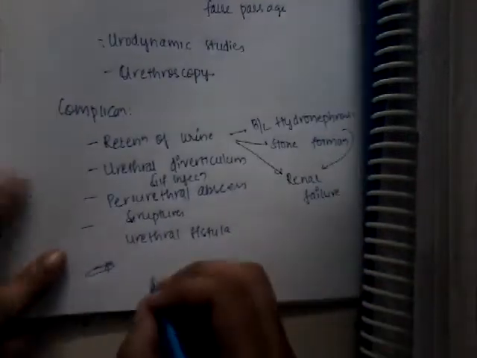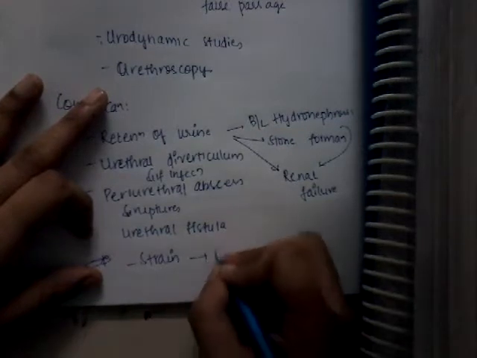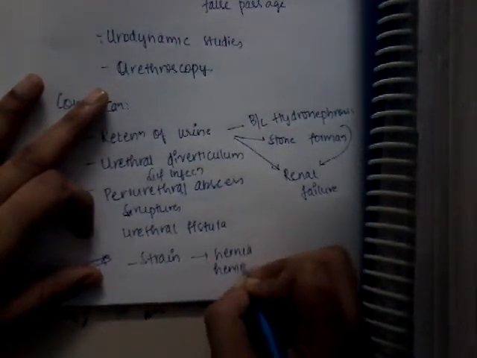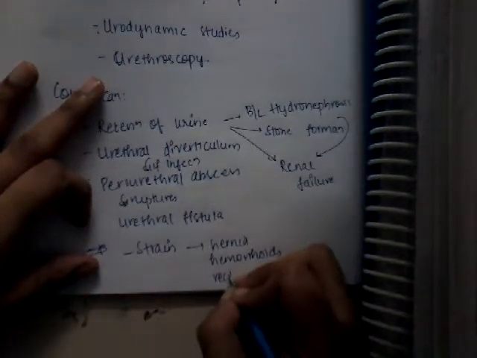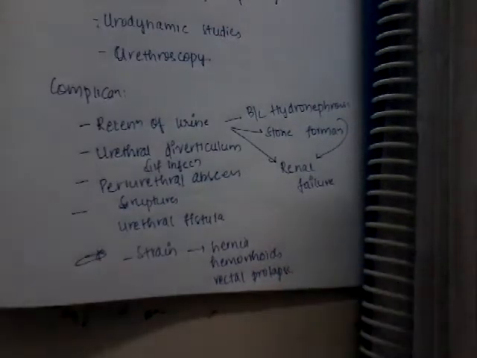And finally the person strains a lot to micturate, so straining causes hernia, hemorrhoids, and sometimes even rectal prolapse. So these are the major complications which are seen in stricture urethra. So let us learn about the treatment aspects of stricture urethra.